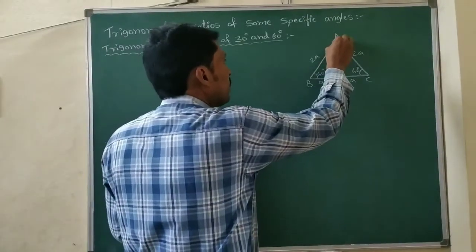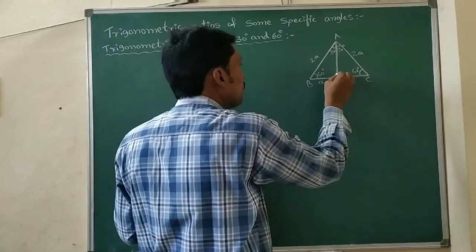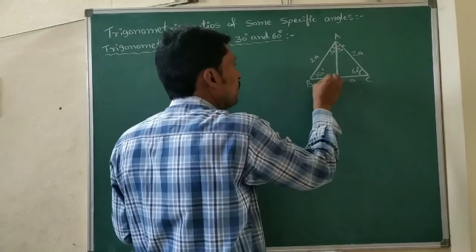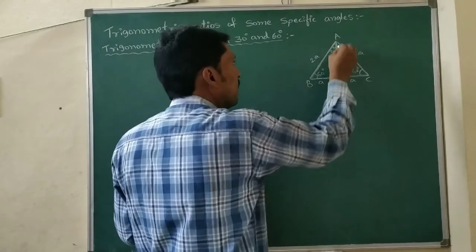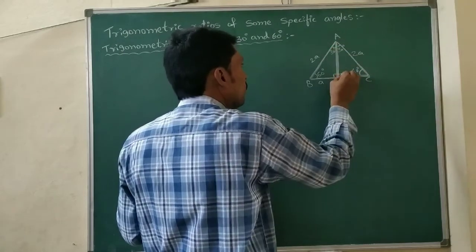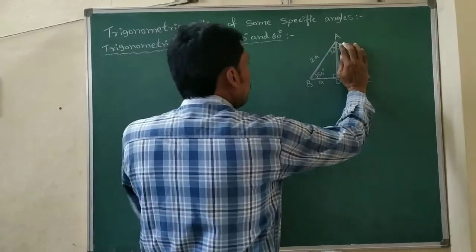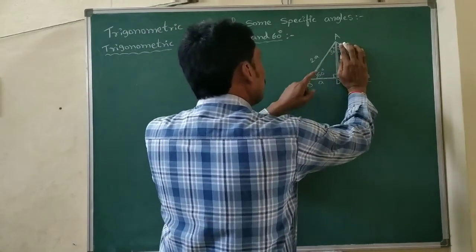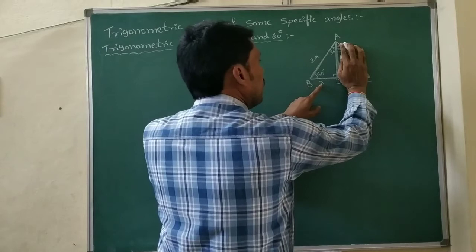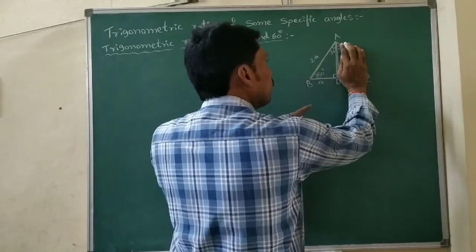Now triangle ABD becomes a right angle triangle, and ACD also becomes a right angle triangle. So for example, in triangle ABD, this side we know, the hypotenuse we also know, but we don't know one side.